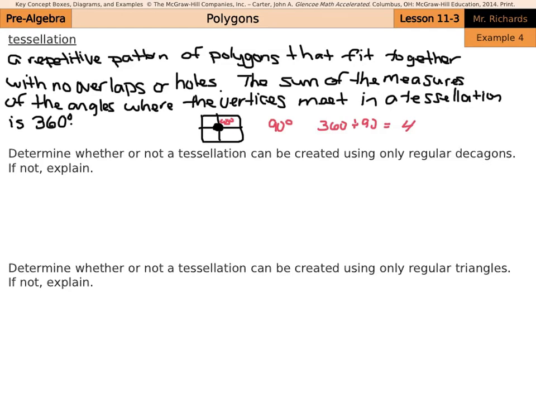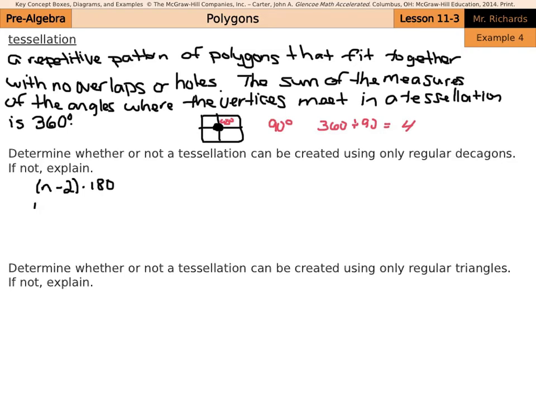And so we have 2 examples here. Determine whether or not a tessellation can be created using only regular decagons. If not, explain why. Our first step is to find the measure of one interior angle of a decagon. And so we can use our formula, n minus 2 times 180.